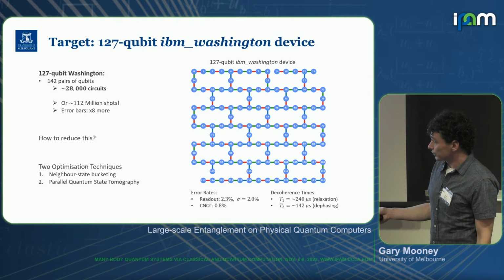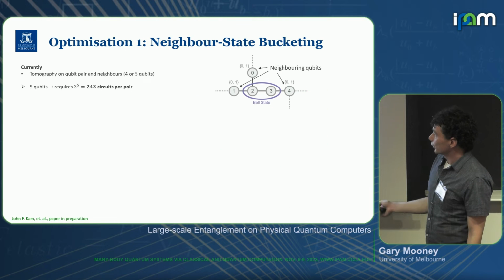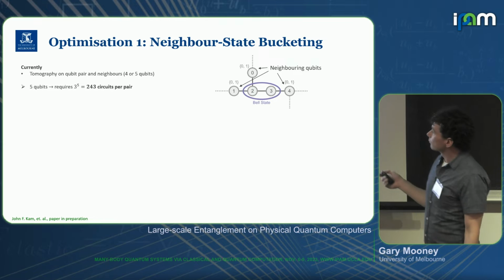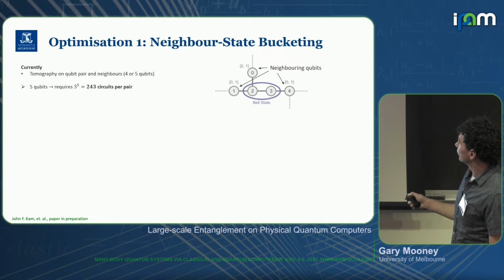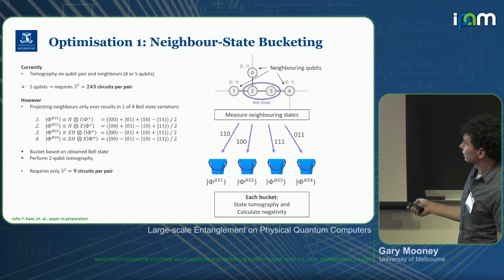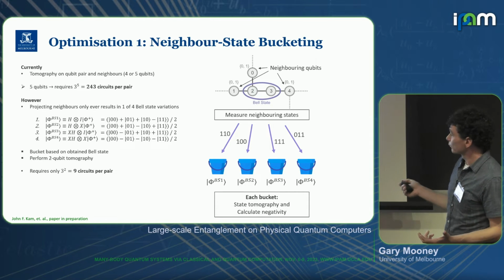So we're going to be introducing 2 optimization techniques here. The first one is, I was saying before that we did tomography on all 5 qubits. But if we know what the Bell state should be based on these measurements, then what we can do is basically bucket the measurements into different categories.